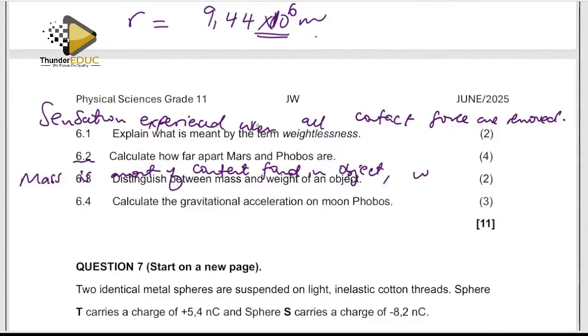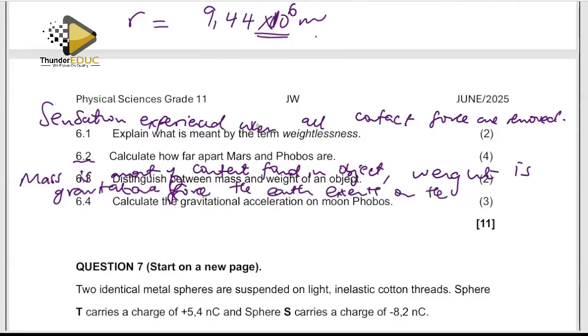And then weight is the gravitational force the Earth exerts on the surface. You can see near the surface.